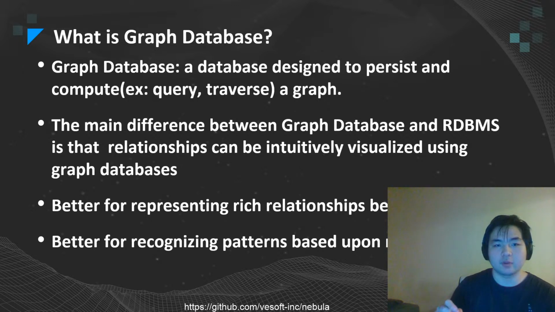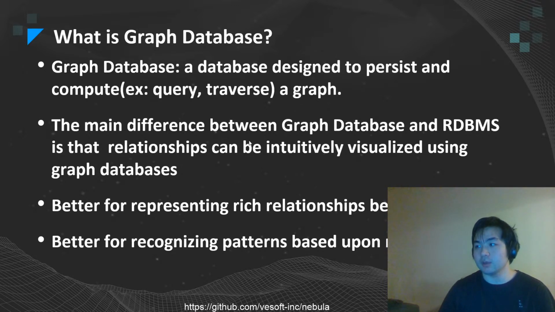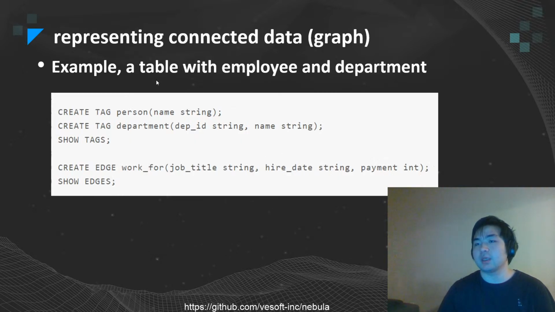How graph databases solve them is mainly by defining relationships explicitly on each property. Each property represents relationships, and that is the main difference between graph databases and other kinds of databases. For example, here, that is a graph database.